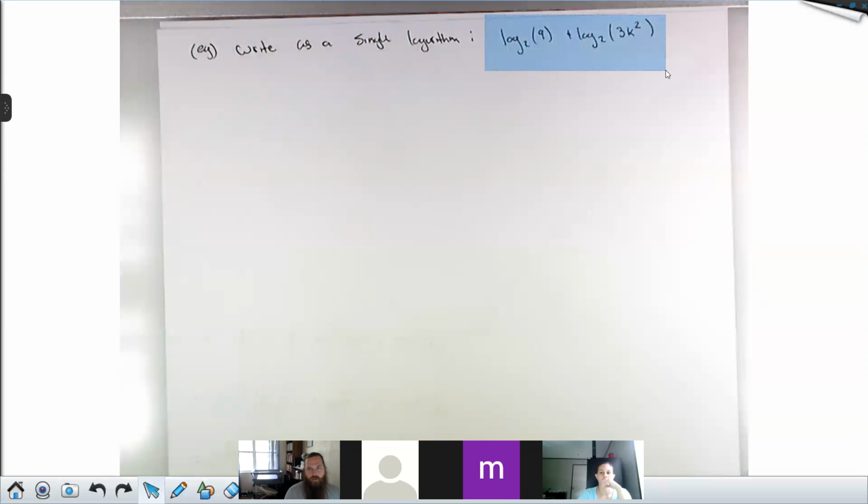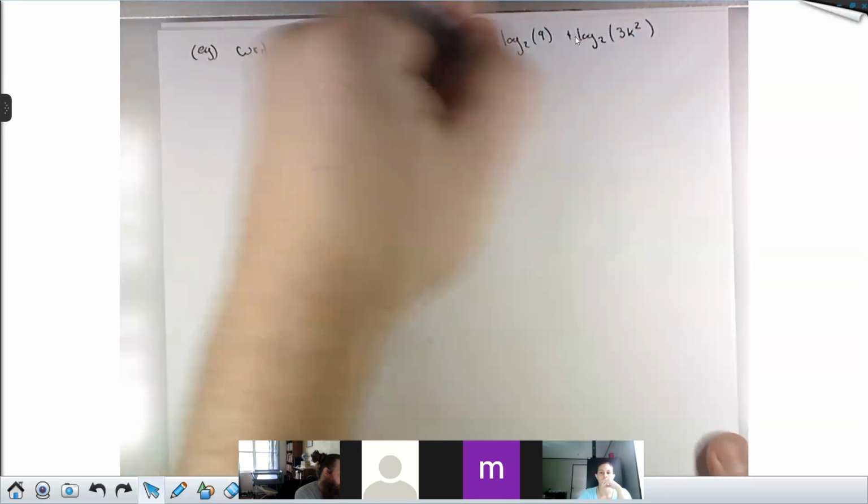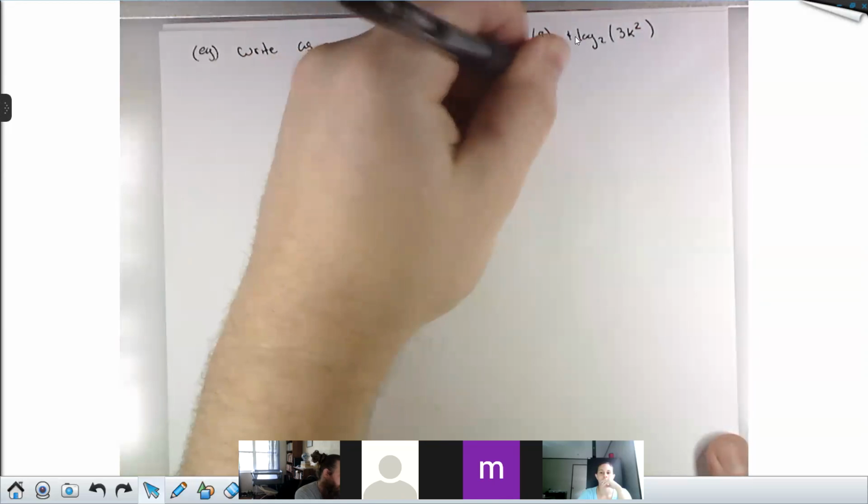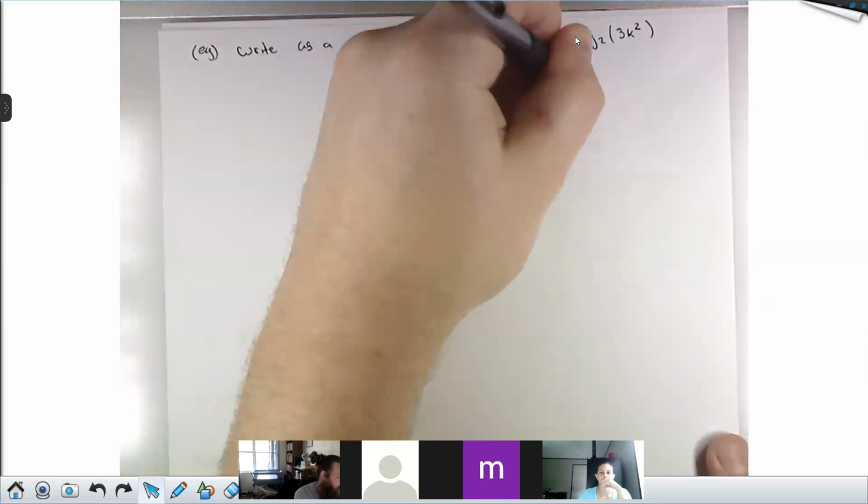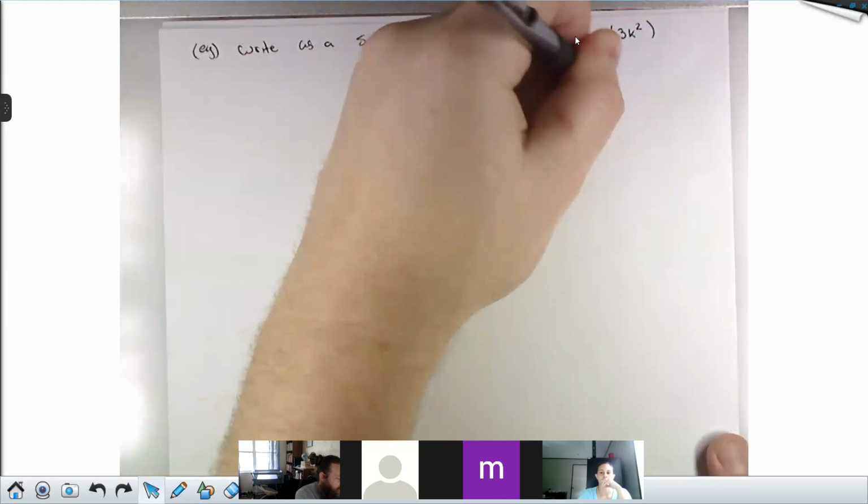What kind of rules can I use here? Yeah, it's that same property 1 that we used a lot on the last problem, just running in the other way. So by property 1, this is equal to the base 2 log of 9 times 3k squared.